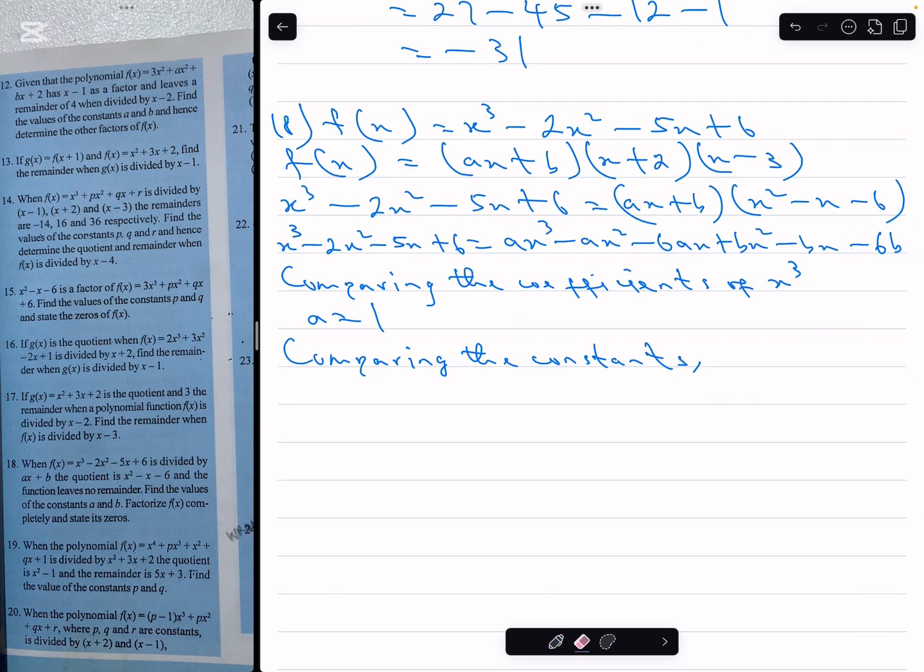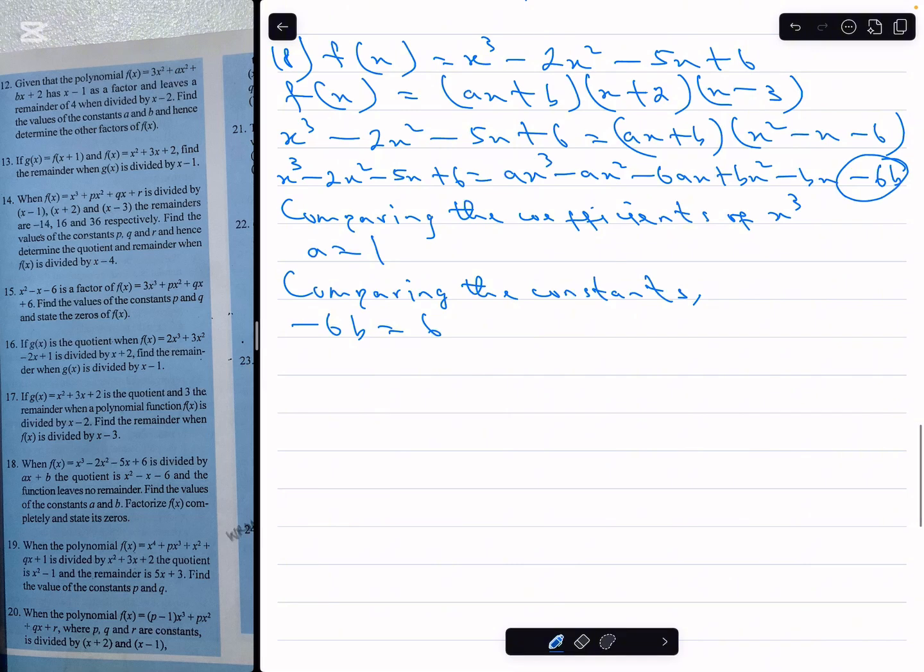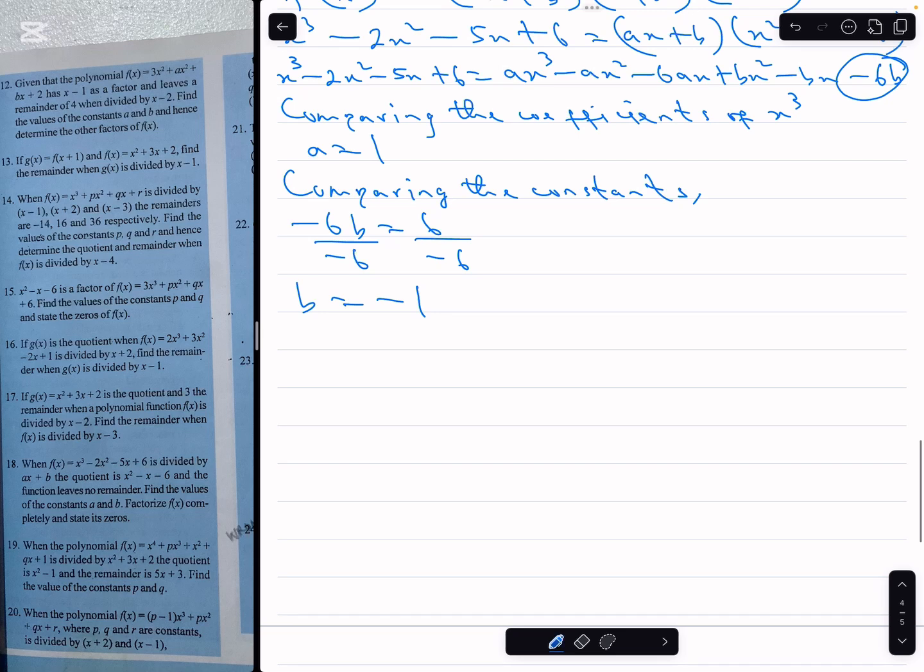The constant is the one that doesn't have any x attached to it. On the left hand side the constant is plus 6, so minus 6b equals 6. And when you divide through by minus 6, you get b equals minus 1. So that means a equals 1 and b equals minus 1. That answers the first question.